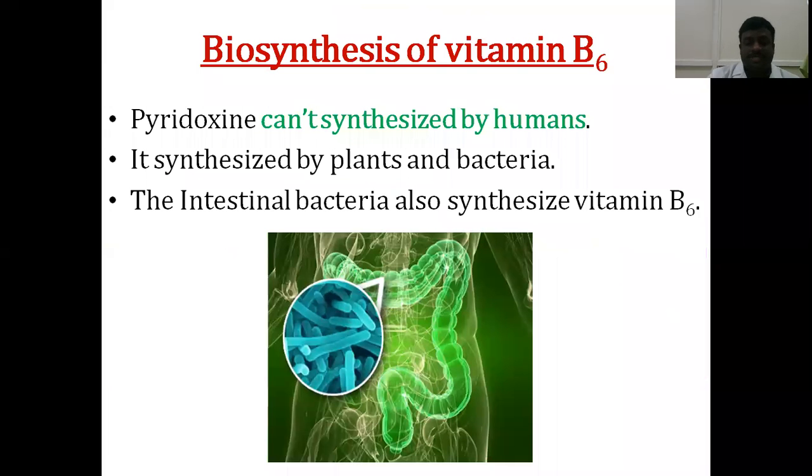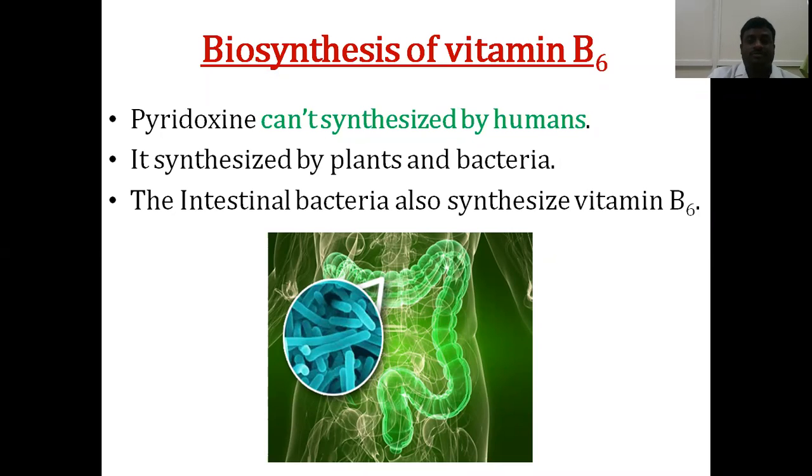How does its synthesis take place? We have to remember that we never synthesize this vitamin B6, pyridoxine, in our human body, but we get some amount of vitamin B6 from external sources. What are those?